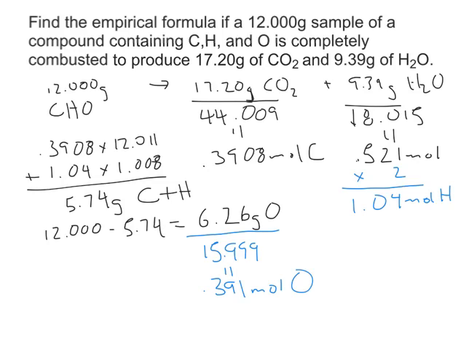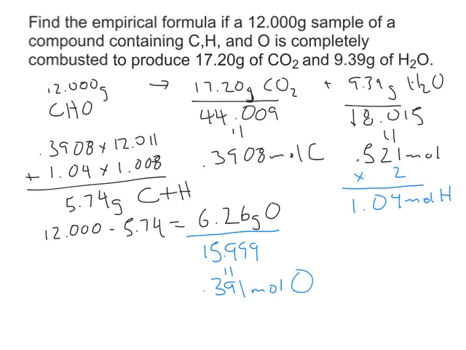At this point, I'm going to convert these numbers back into masses. So moles of carbon times the molar mass of carbon, moles of hydrogen times the molar mass of hydrogen. Add that together to find how much of my 12 grams comes from carbon and hydrogen.